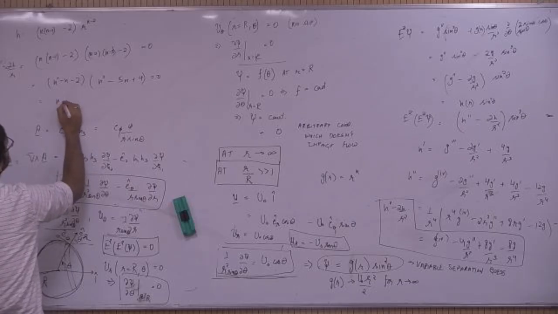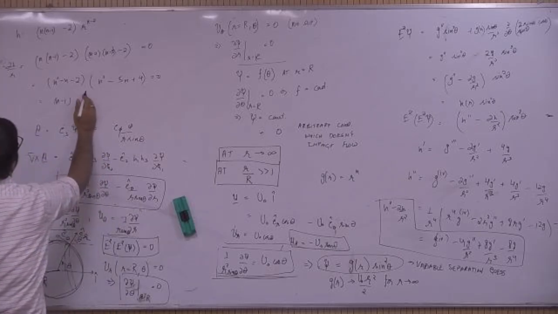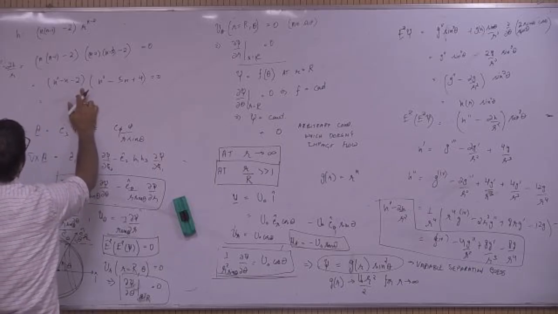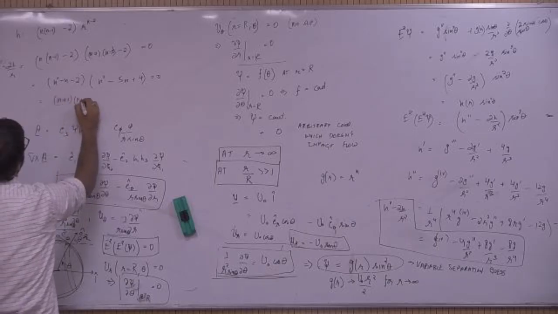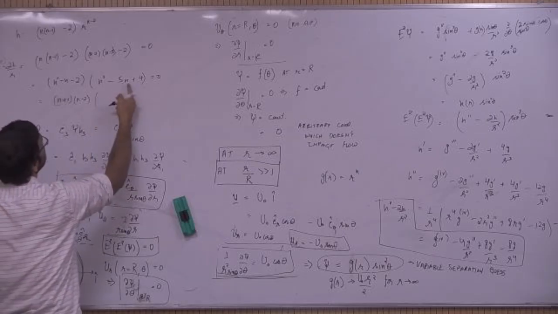So how can we write this? What are the factors of this? n plus 1 into n minus 2, right? And the other factors are n minus 1 and n minus 4.